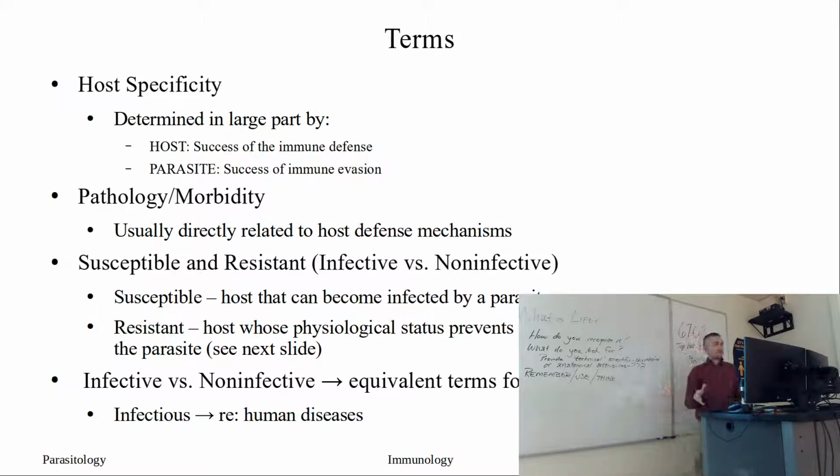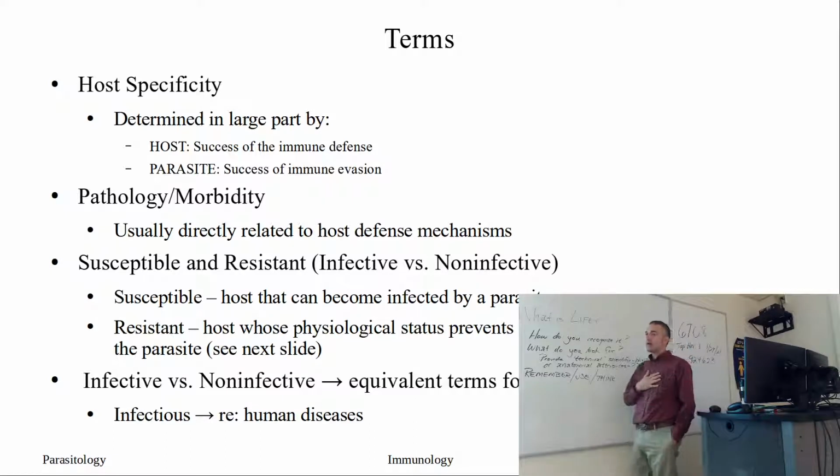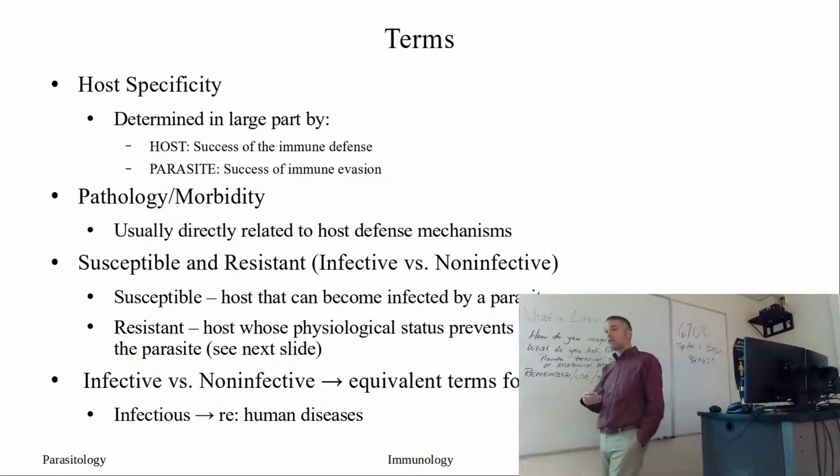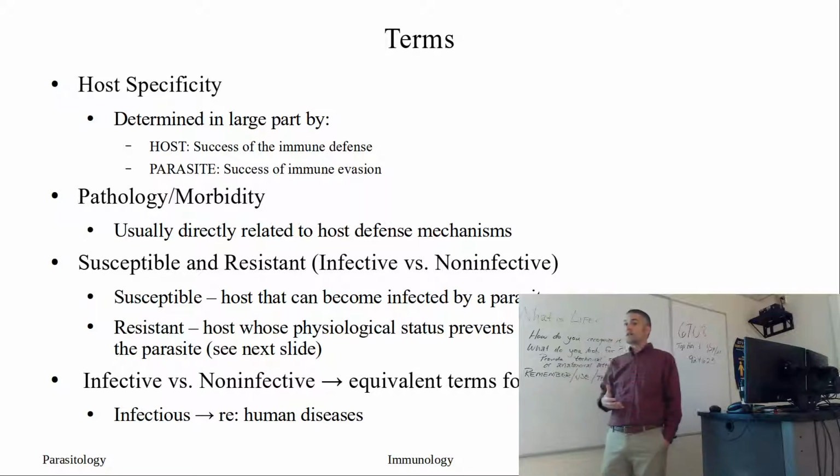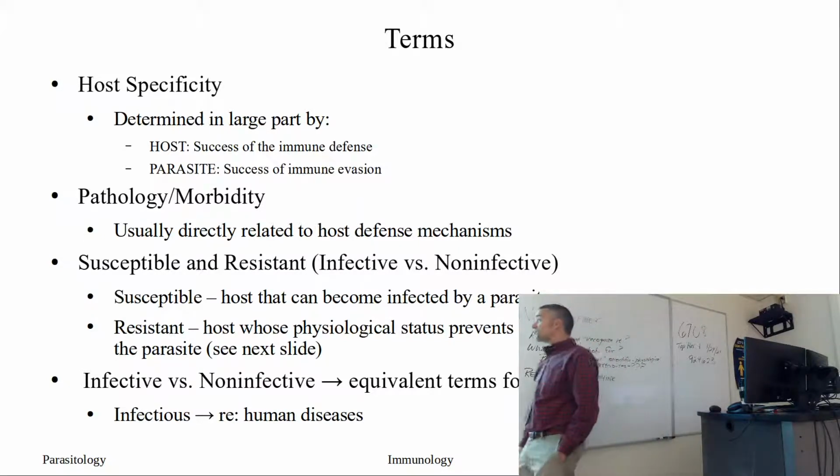Pathology, morbidity. What are those terms? Those terms are all about the negative consequences, the negative effects that are exhibited by the host. Now, usually, these are all directly related to the host defense mechanism. Yeah, the parasite can cause some mechanical damage and physical damage, but a lot of the pathology that we end up seeing is tied to host defense mechanisms.